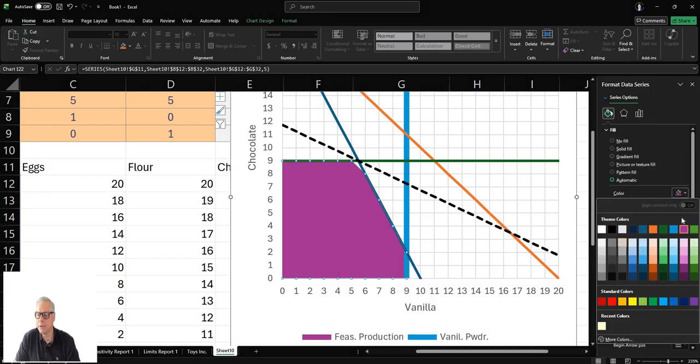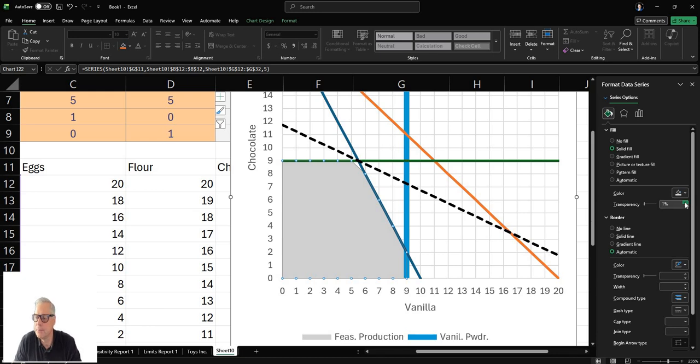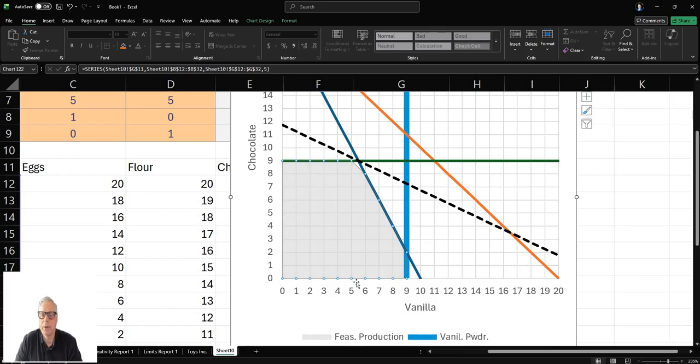Let's maybe give it a light gray. But we can see that the optimum solution for the vanilla cookie is between 5 and 6.